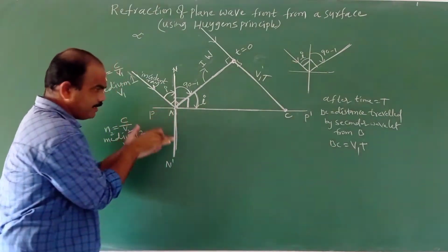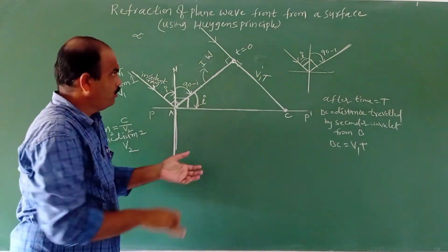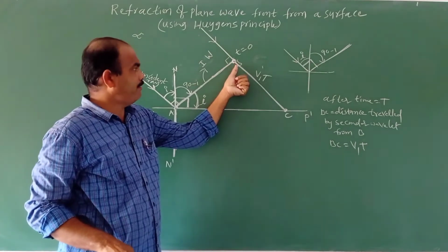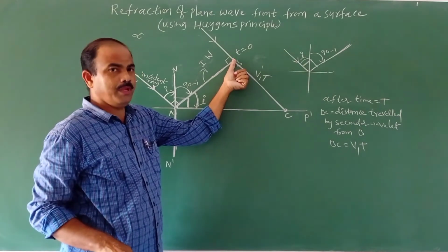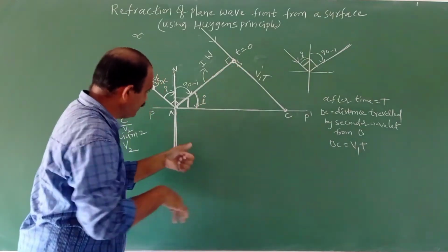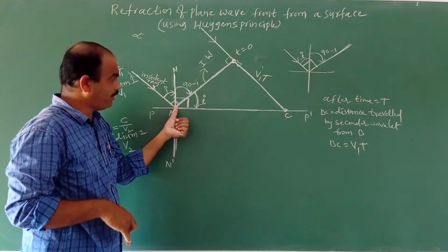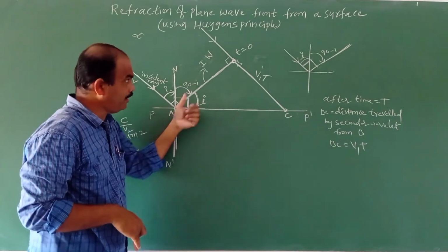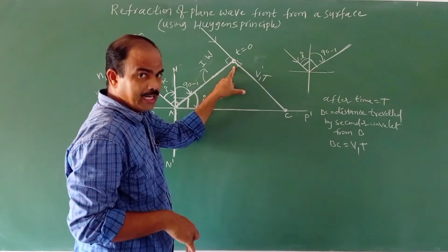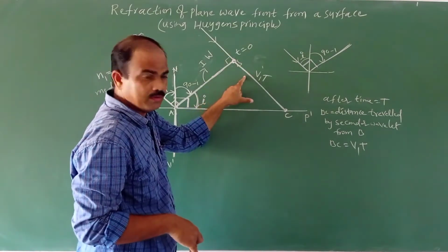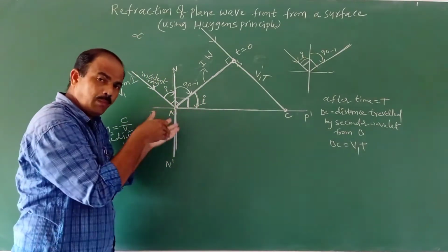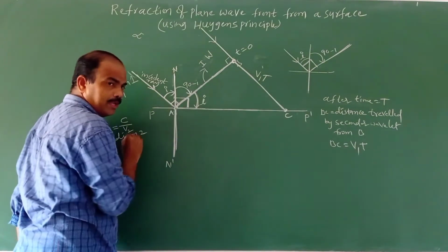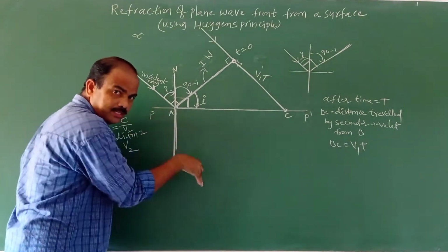At what time will the secondary wavelet be coming from B? At the same time, the secondary wavelet also starts from A. So the secondary wavelet which is produced from A also travels some distance in the second medium.